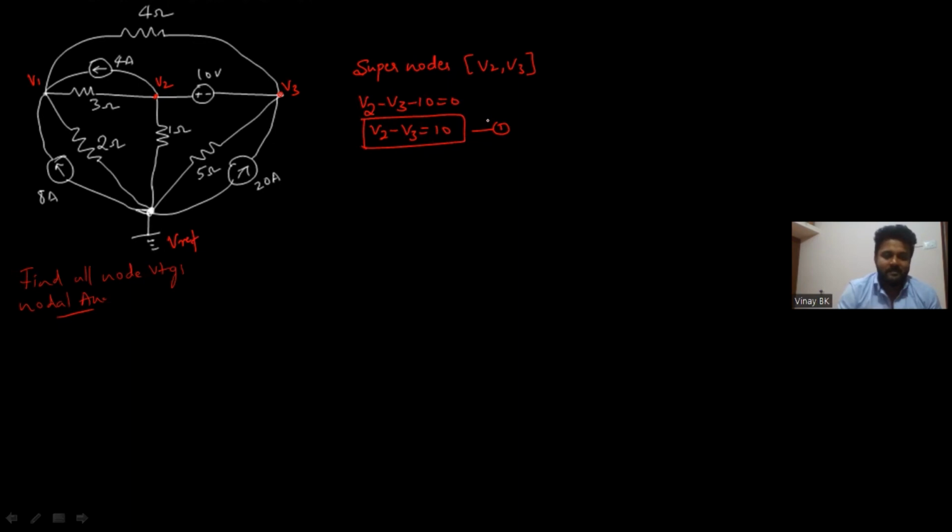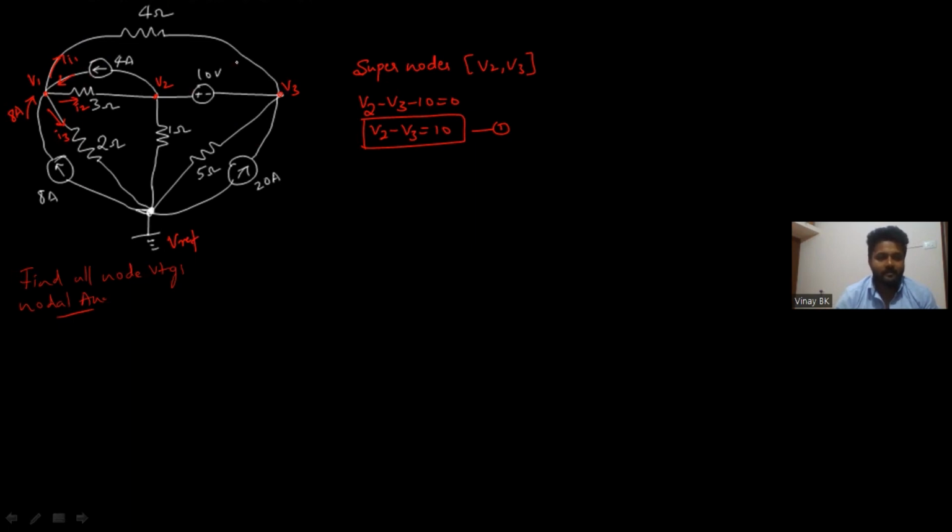Okay. So now the same steps. At V1, assume the currents which are leaving. I'm assuming I1 is flowing here and 4 ampere is entering here, and I2 is leaving, I3 is leaving, and 8 ampere is entering. Similarly, V2 and V3 are supernodes.